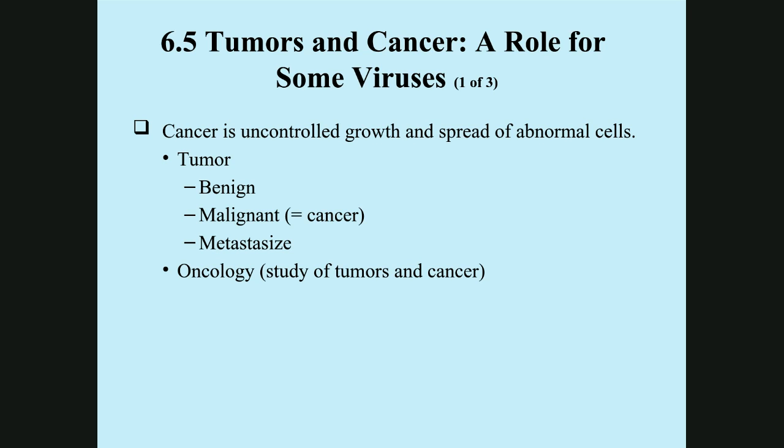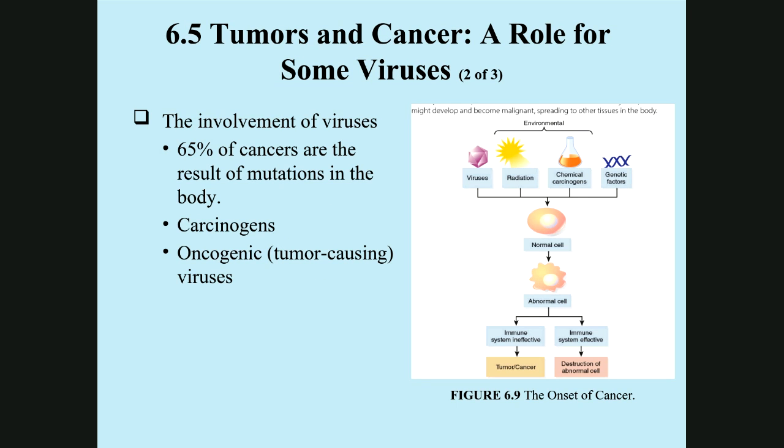Okay. So oncology is the study of tumors and cancer, if you've heard of that field before. And that term oncology gives us a clue to this next slide. This is talking about how viruses can be involved with the creation of cancer.